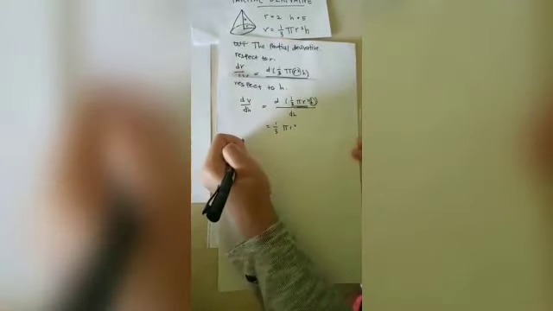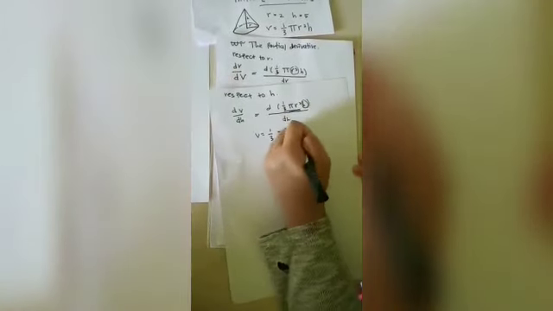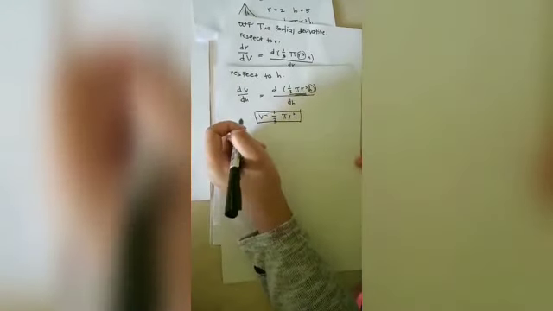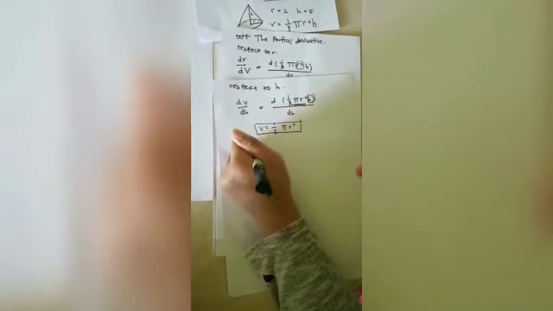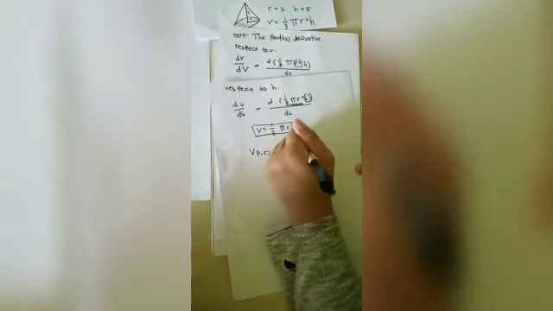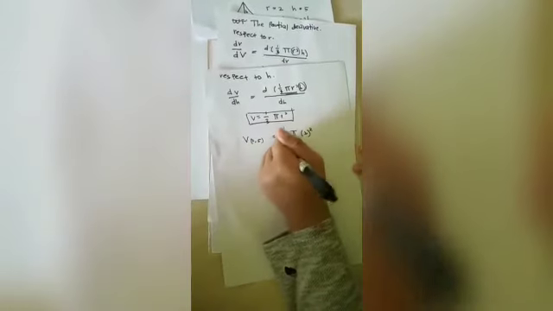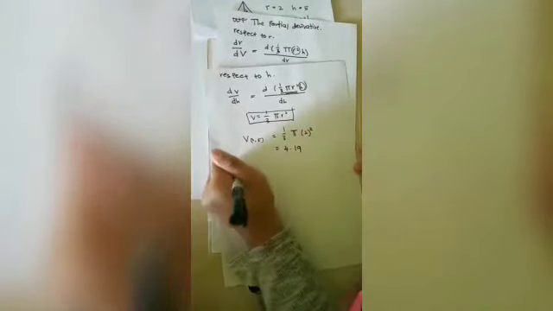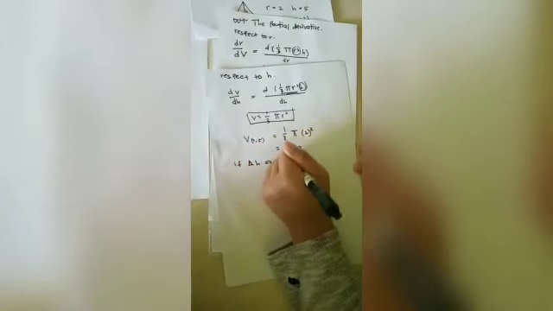We put r and h, 2 and 5, into the new formula, and the answer is 4.19. If the difference of h is 0.1, the difference of volume is 0.42.